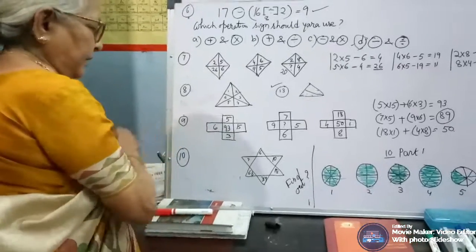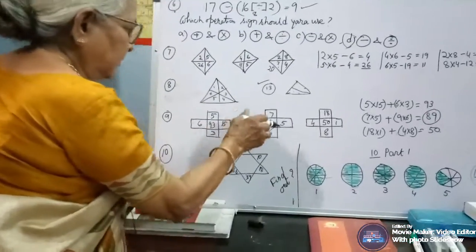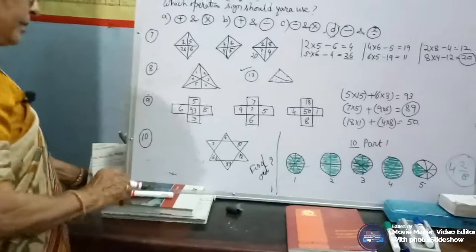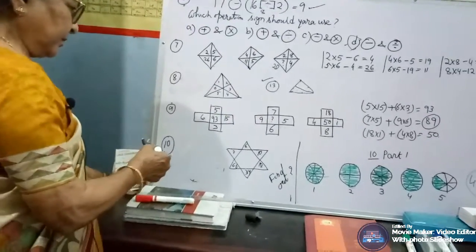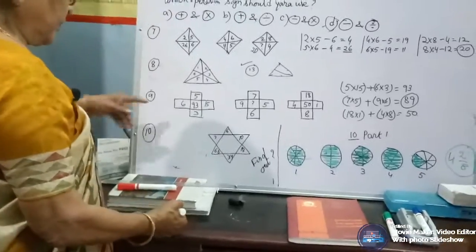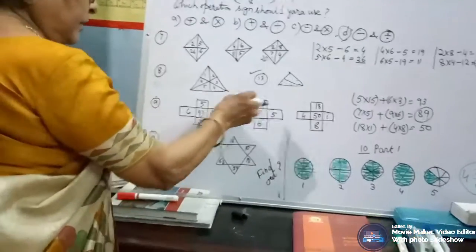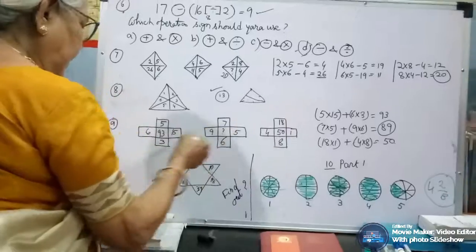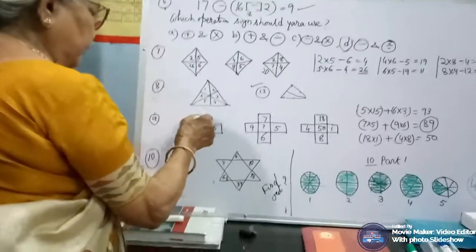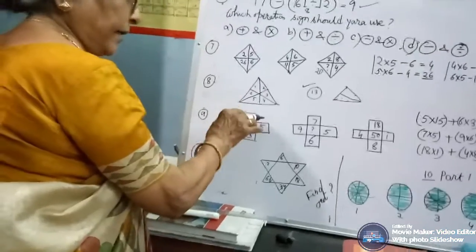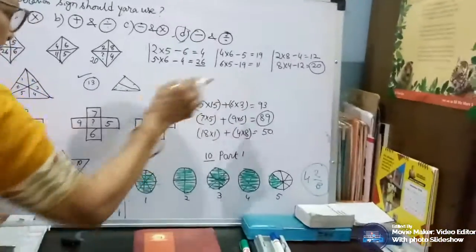Now question number 9. Here in this way we are having some numbers. Again we have to find the missing number. So how to find out? 5 and 15. 5 multiplied by 15 plus 6 into 3. That means these two will multiply and these two will multiply and add. This is having 93.